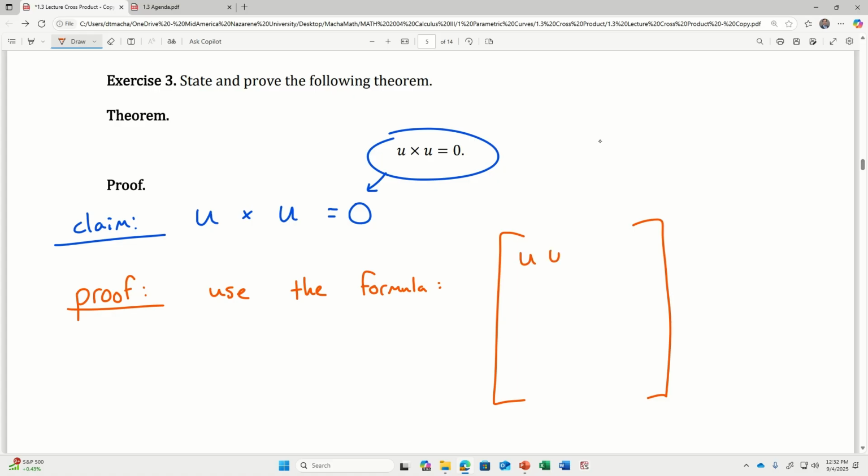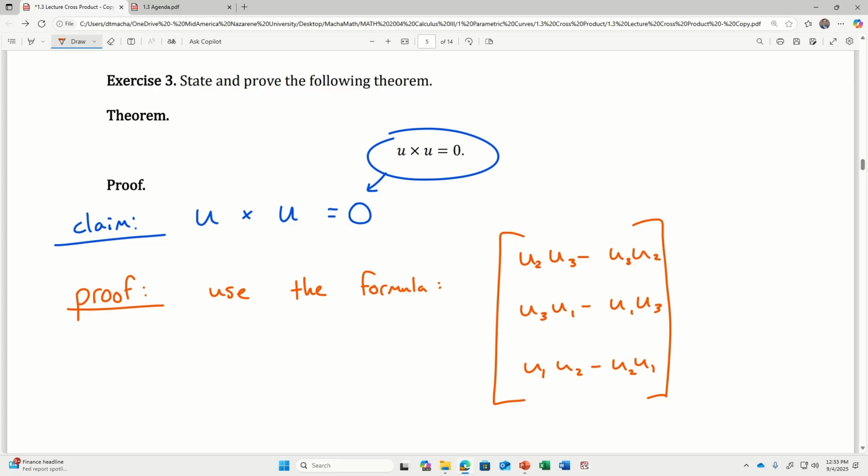But if I do a vector cross product with itself, let's see what happens. Okay, 2, 3, 1. And then remember 2, 3, 3, 2, 3, 1, 1, 3, 1, 2, 2, 1. Do you see what happens?